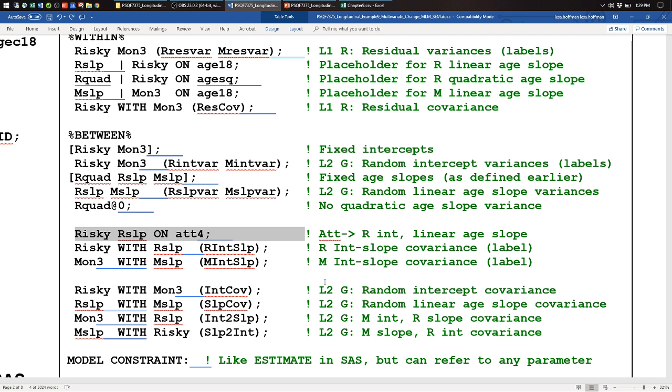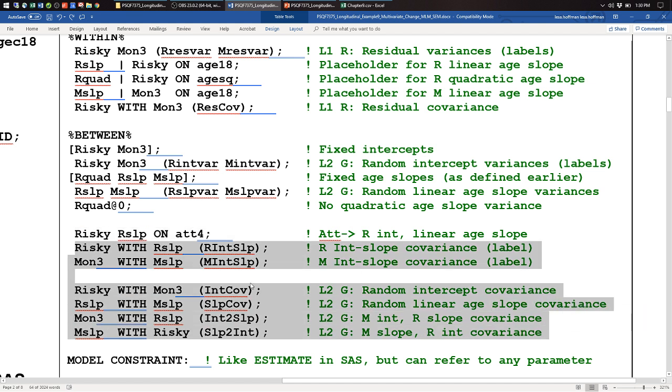That's what I'm asking for. And then last but not least, I have all possible 6 covariances between risky and monitoring intercepts and slopes, and I have labeled each one as to what it is.